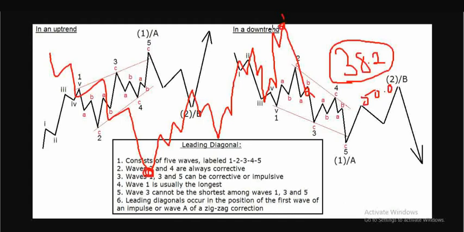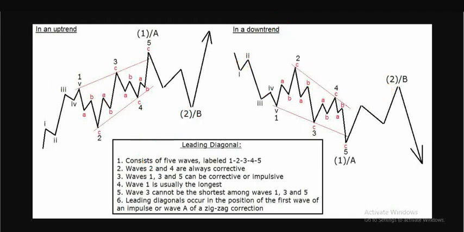So in this advanced course, I'm going to be sharing with you how you can apply the Fibonacci tool to the leading diagonal, in order to pinpoint the exact territory where you should start looking for the next bullish run to come in.